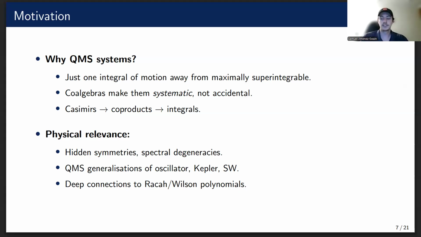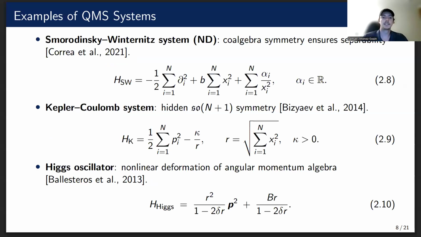A couple examples of QMS systems that can be studied are given here. Firstly, the Smorodinsky-Winternitz system. It has n-dimensional generalizations whose separability and integrals follow from the coalgebra symmetry. The Kepler-Coulomb systems, these are classical n-dimensional generalizations of the Kepler problem.